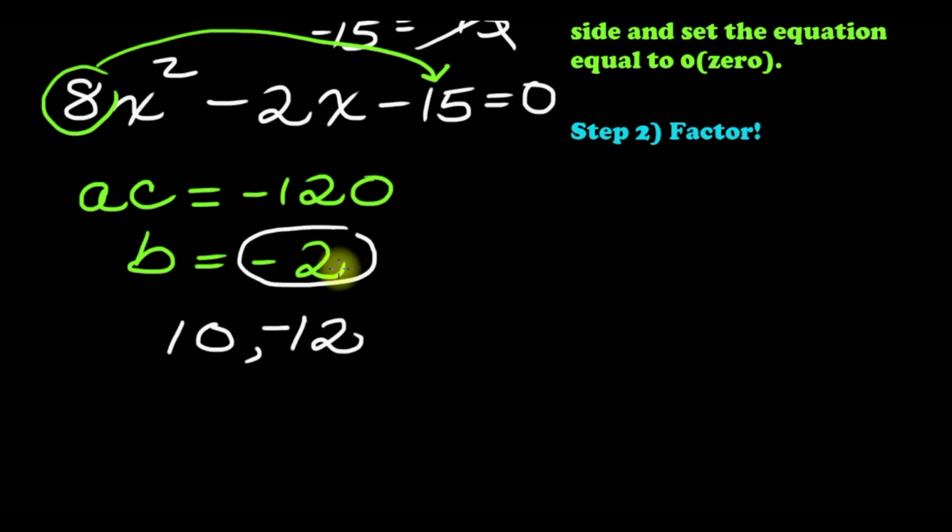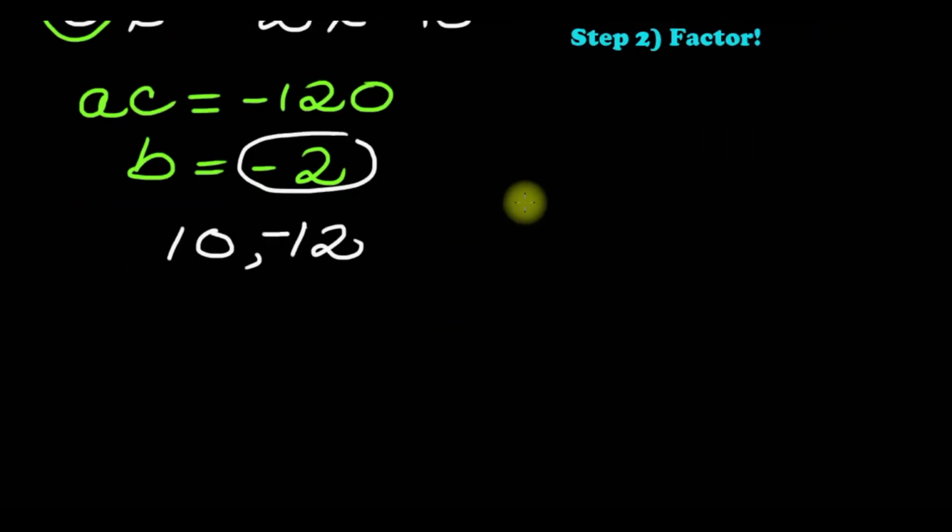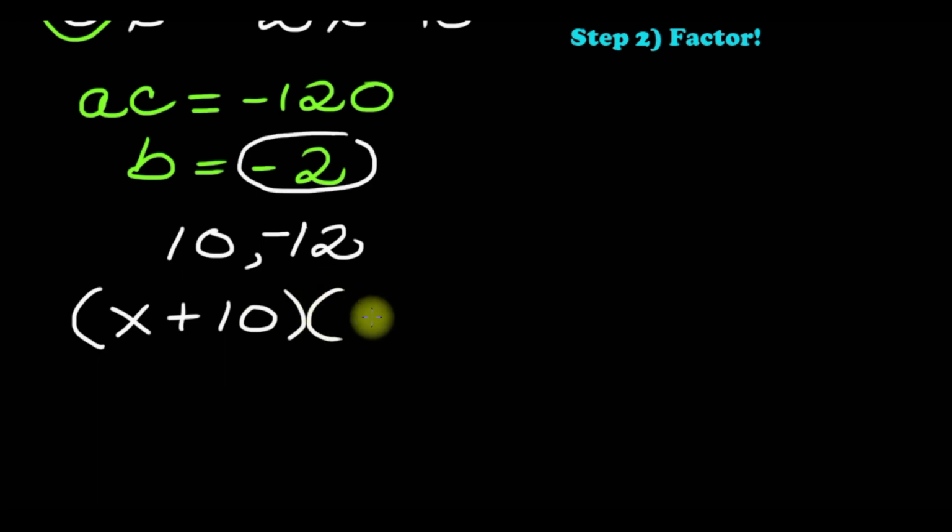If that was a positive 2, then the 10 would be a negative number. Now we're going to work with those two numbers. We're going to write it out as x plus 10 because it's positive 10, and then x minus 12 because it's a negative 12. And then we're going to set those equal to 0 because we're solving for x.